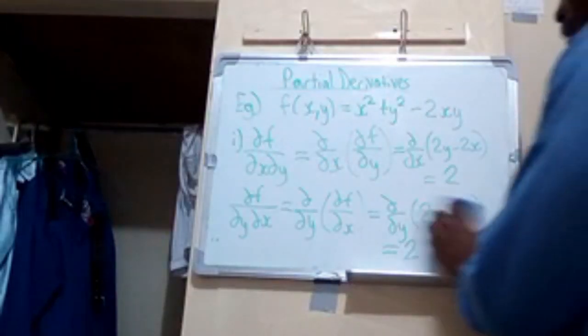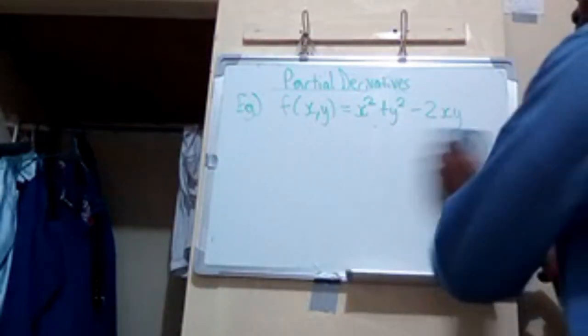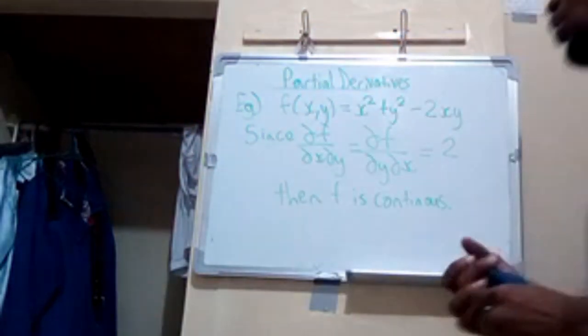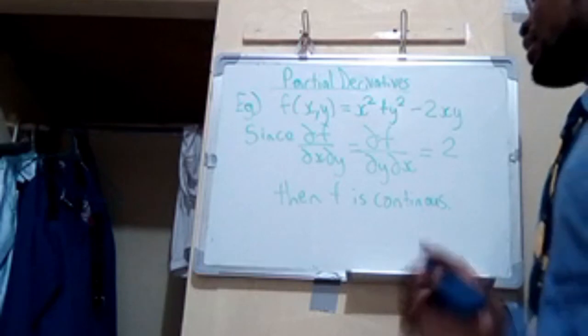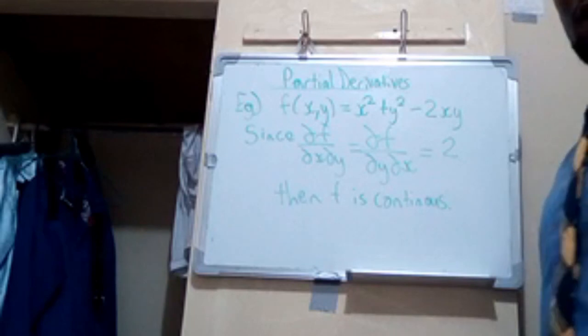So when we finish this question, we could also just tell them that since ∂²f/∂x∂y is equal to ∂²f/∂y∂x, and they're equal to 2, then f is continuous.